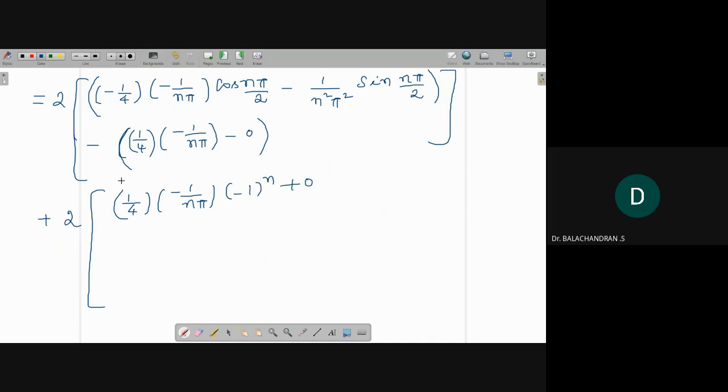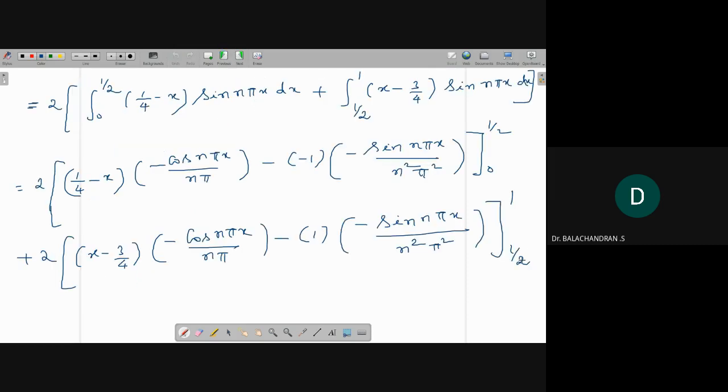So the upper limit is over, minus the lower limit. Lower limit is 1 by 2. So 1 by 2 minus 3 by 4 is minus 1 by 4.